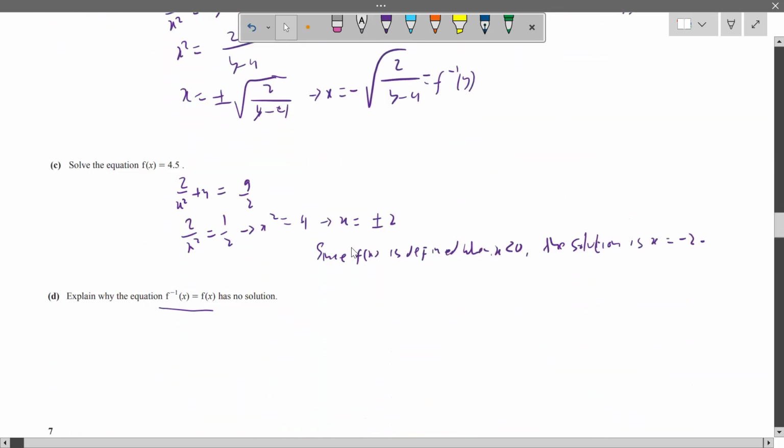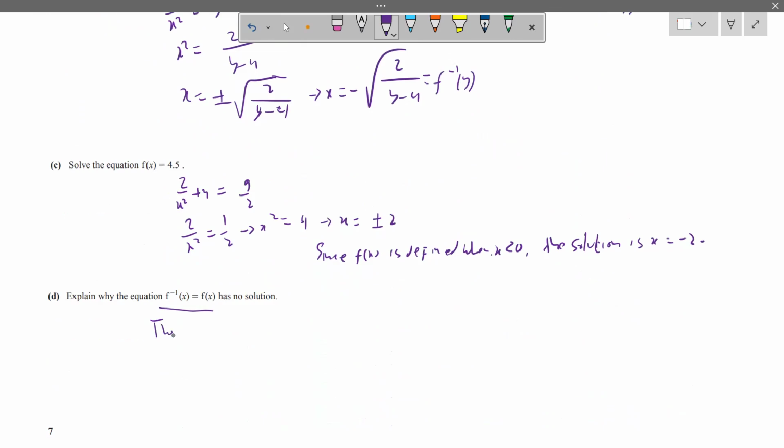So in this case, we can say that they don't have solutions because the graphs y equals f inverse x and y equals f of x don't have intersections, or don't intersect each other.